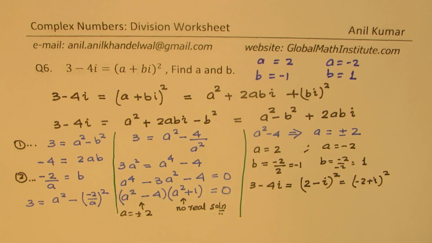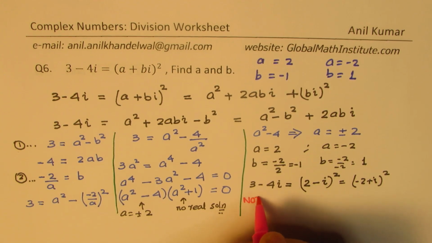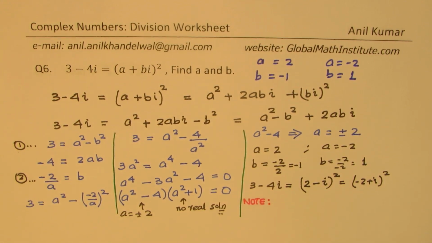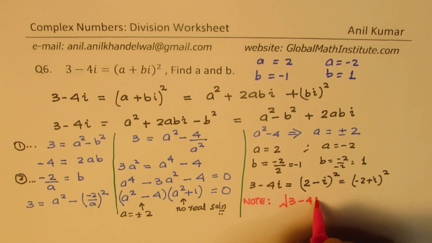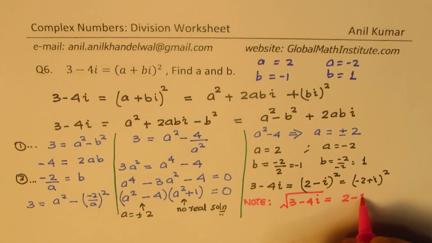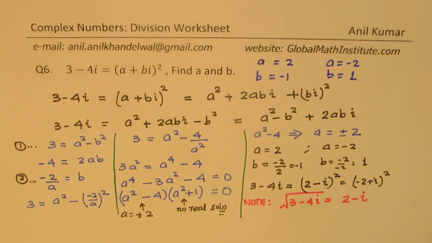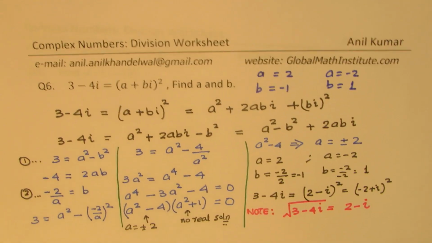Now in this case, you should also make a note, which we are going to use in the next example, that square root of 3 minus 4i is equal to 2 minus i. Does it make sense to you, right? So square root of 3 minus 4i is 2 minus i. Perfect. So that is another important thing which we learn in example number 6.